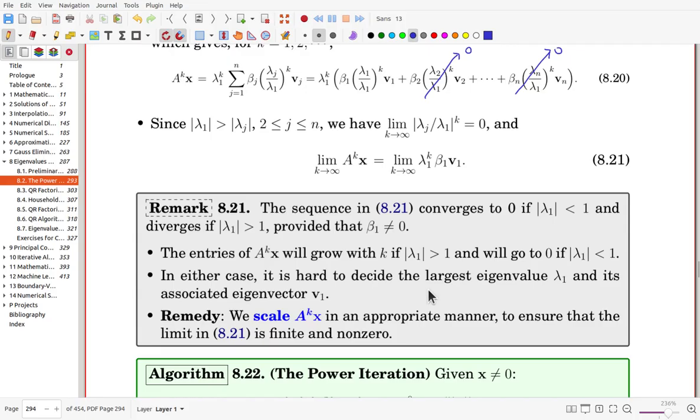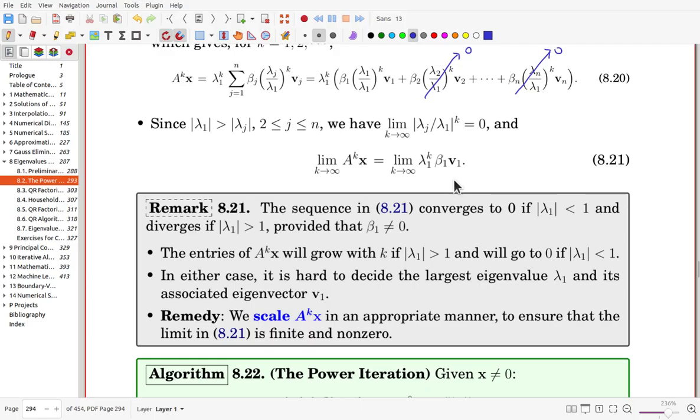This equation is not yet useful. The reason is, if the magnitude of lambda 1 is less than 1, then it will converge to 0. And once the magnitude of lambda 1 is larger than 1, then it will blow up. So it is not so useful.